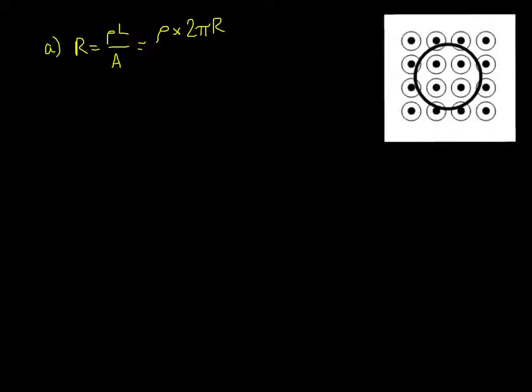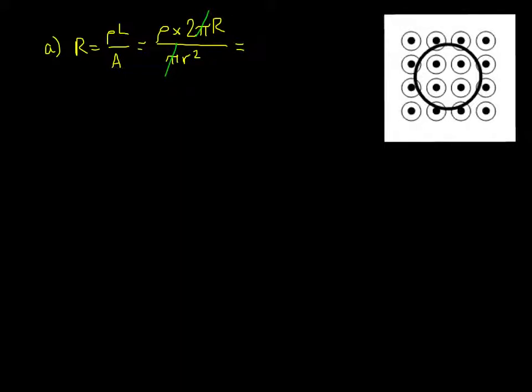I'm going to use a capital R to represent the radius of this actual circle, divided by the area, which is the cross-sectional area of the wire itself, pi little r squared. I'm using the little r to represent the radius of the actual wire. You'll notice in this equation you have a pi in the top and the bottom that cancel out to make things a little easier.